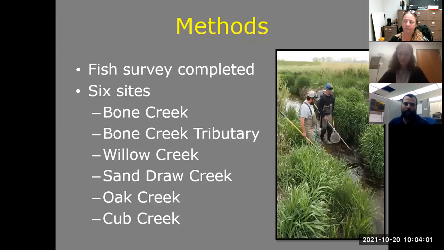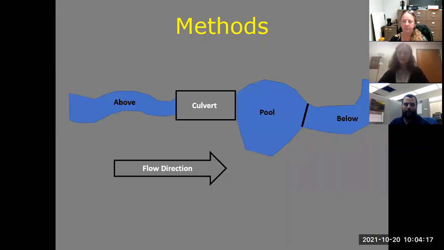So a little bit into our methods on how we sampled. We completed fish surveys on all 6 sites that were listed on that map: Bone Creek Tributary, Willow Creek, Sandraw Creek, Oak Creek, and Cub Creek. And that's kind of moving further down as I listed those. So a little bit on the methods.